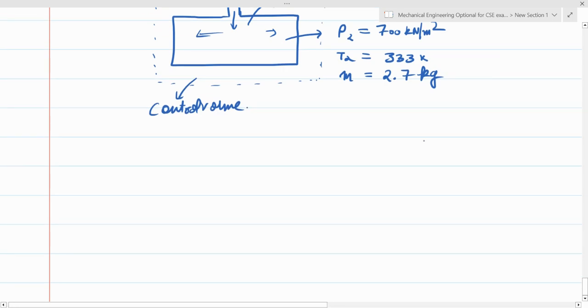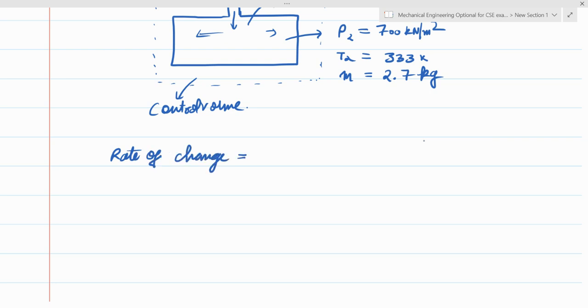When we apply the conservation of energy theorem here for the variable flow process, the rate of change is equal to dEV divided by d tau, where tau is the time.